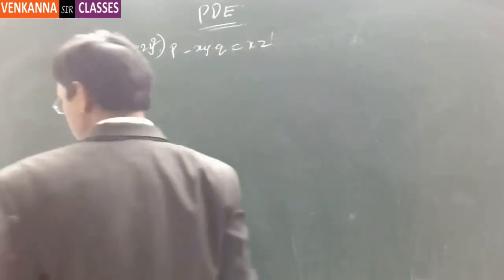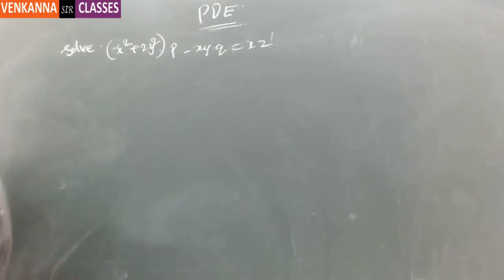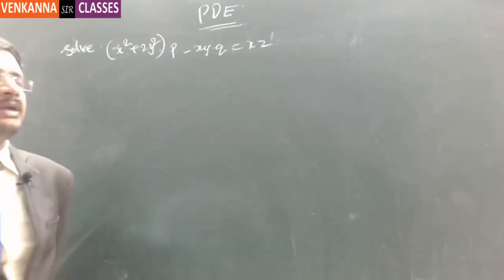So this is the semi-linear equation where z is present on the right side. Now, can you solve this equation? So write the auxiliary equation.